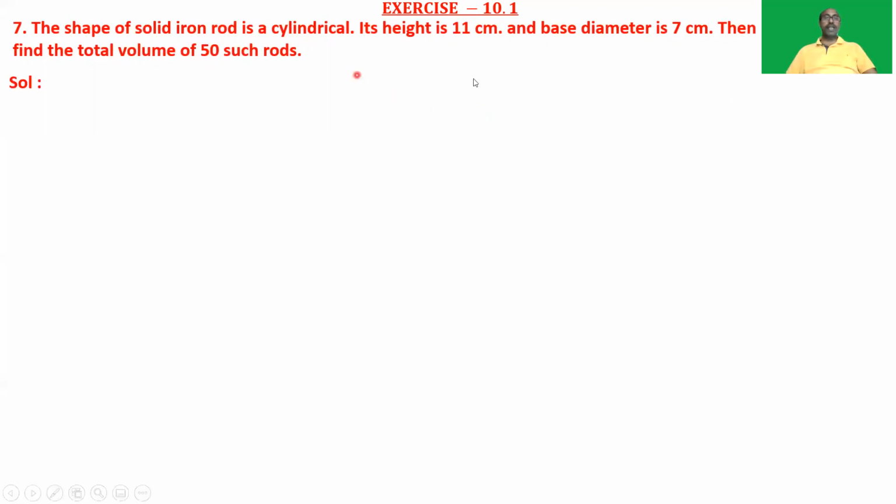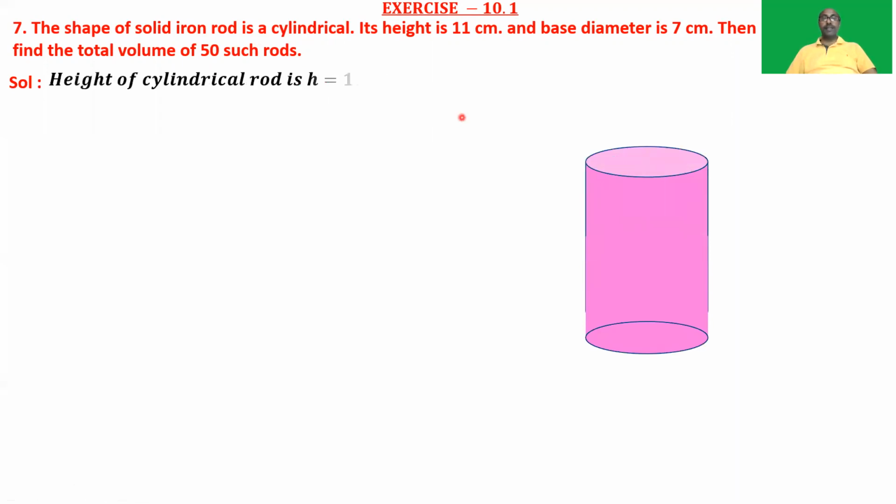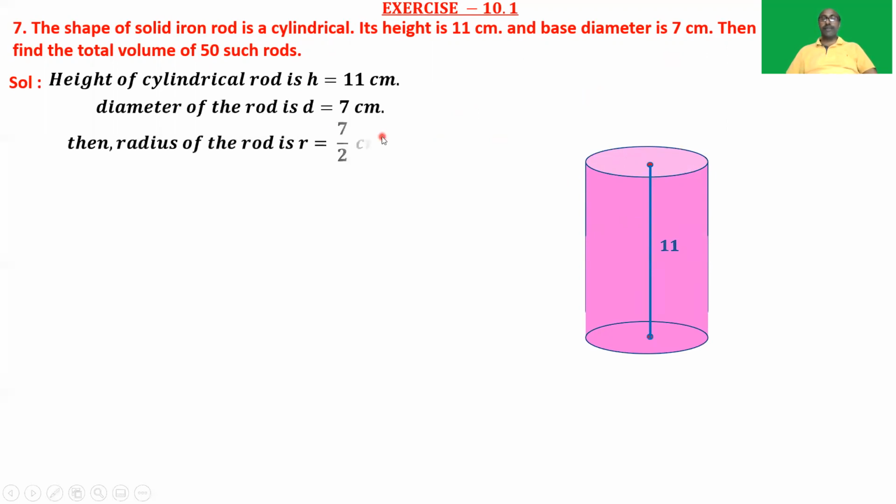Students, here it is given that an iron rod is cylindrical like this, and its height is 11 centimeters. So the height of the cylindrical rod is h = 11 centimeters, and its base diameter is 7 centimeters, so d = 7 centimeters.